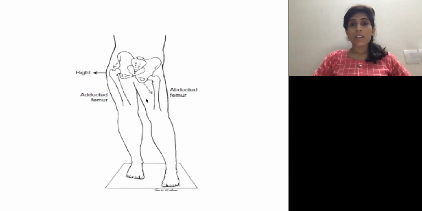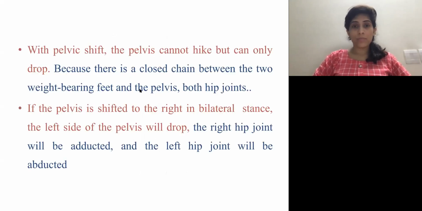Okay, here the hip and knee of the opposite extremity, that is the left extremity, is in a slightly flexed position. So with the pelvic shift, the pelvis cannot hike but can only drop because there is a closed chain between the two weight bearing feet and the pelvis, both hip joints.